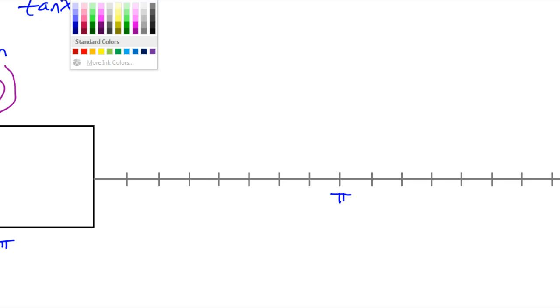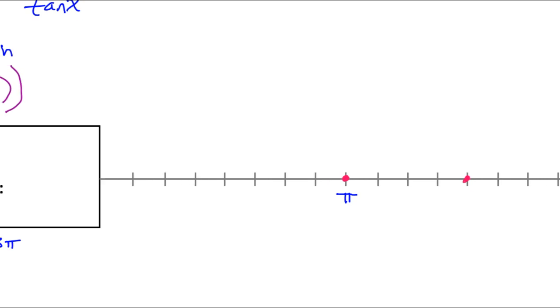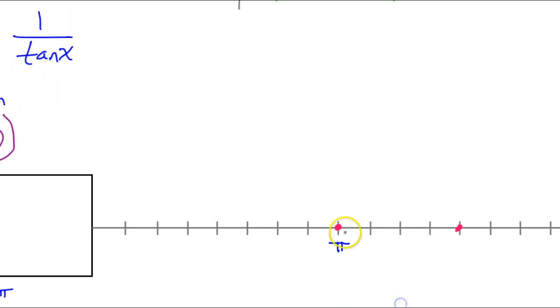Now, if this were a tangent function, I would know that there would be a point there. And if I went 4 to the right, that would be the point that ended the period. So 1, 2, 3, 4. So normally I would say this. However, now I know that since I'm doing cotangent, that's the reciprocal of tangent, so these points will not be intercepts.